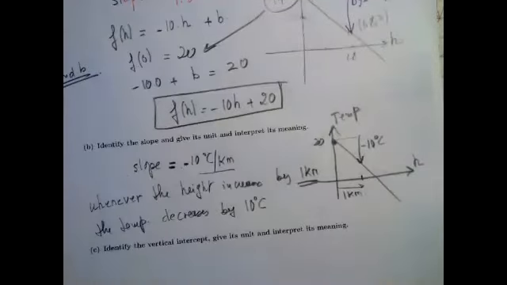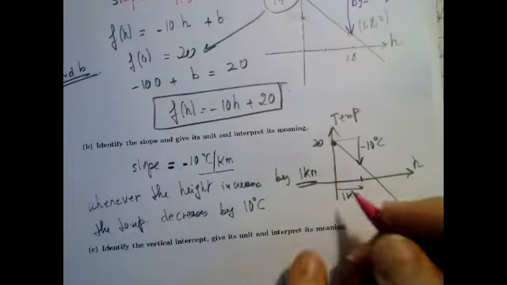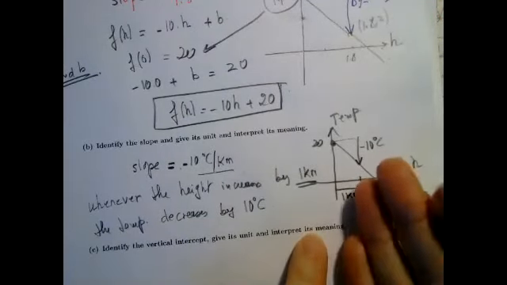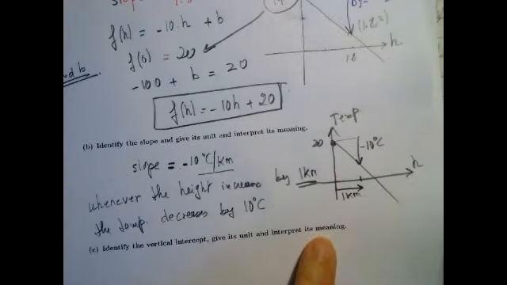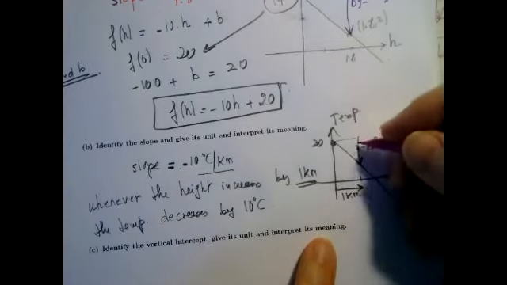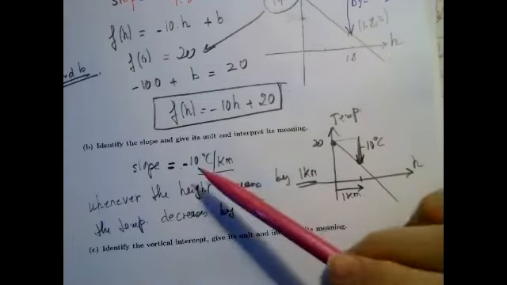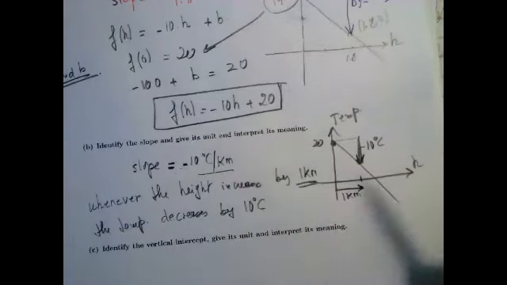So that's really the meaning of the slope: every time the input changes by 1, in this problem, the height goes up by 1 kilometer, your temperature goes down by 10 degrees. It's the change per unit.